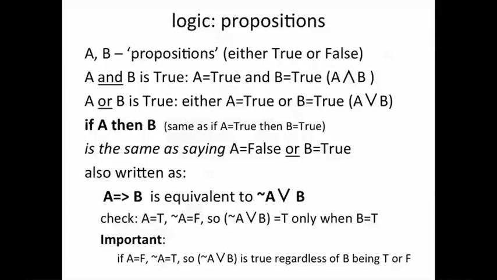So please go through this argument a couple of times to convince yourselves that A implies B is exactly the same thing as saying that the compound statement not A or B is true.